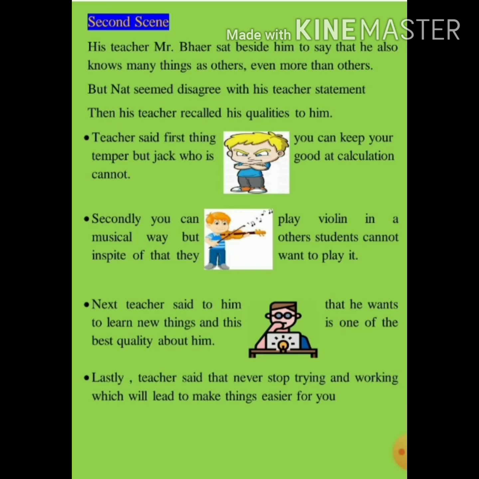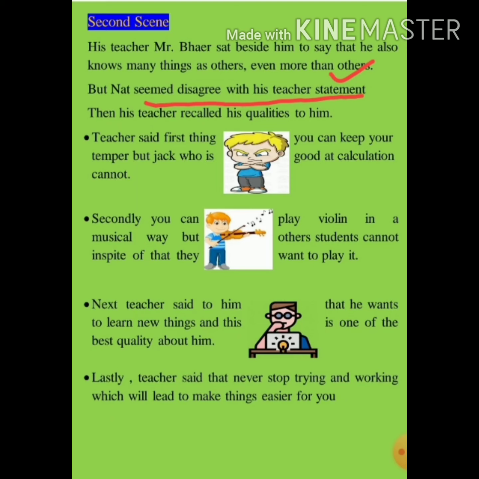As he sat beside him, he started talking to him and said, "You should not think like that because you're also as capable as other students are." But Nat does not agree with the statement of the teacher.